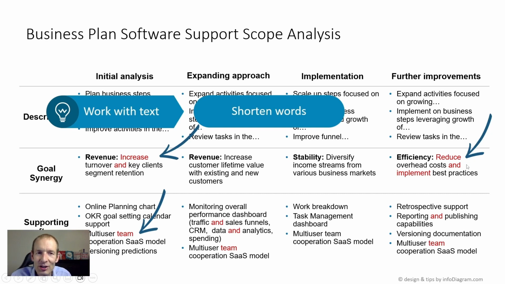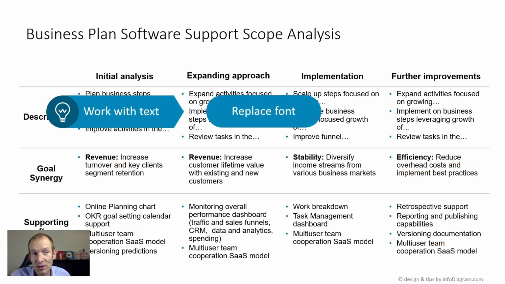Also, words like increase and reduce could be replaced by one symbol: increase by an arrow up, reduce by an arrow down, or a small minus. Some things could be simplified. For example, here we have multi-user team corporation. Maybe it's enough to say multi-user corporation, because usually when you have more users, it's a team or group. So maybe you can find words which you can remove altogether.